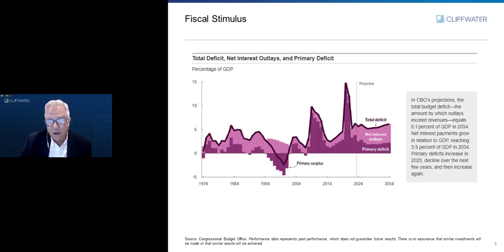Basically, those deficits represent about 1% of total GDP. So we're in a fiscal stimulus regime, which basically offsets in some way the monetary restraint that the Fed has been on over the last couple of years.